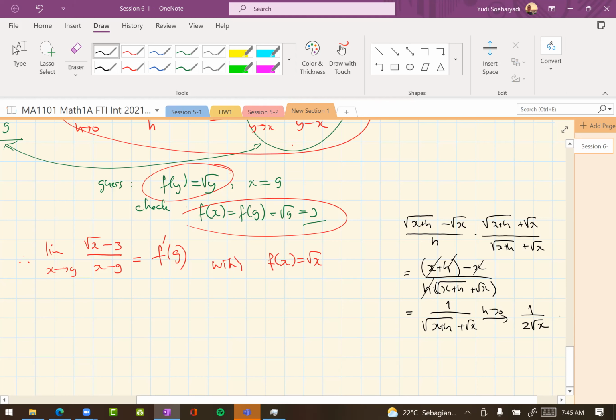So that's the derivative. So what you have here is 1 over 2 times 3, so this is 1/6.